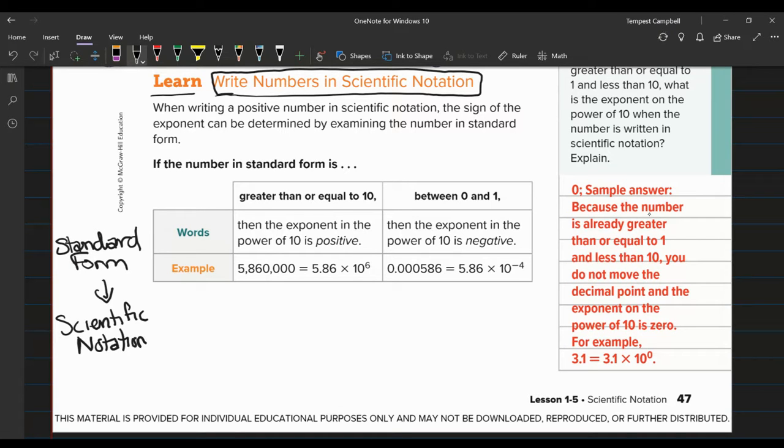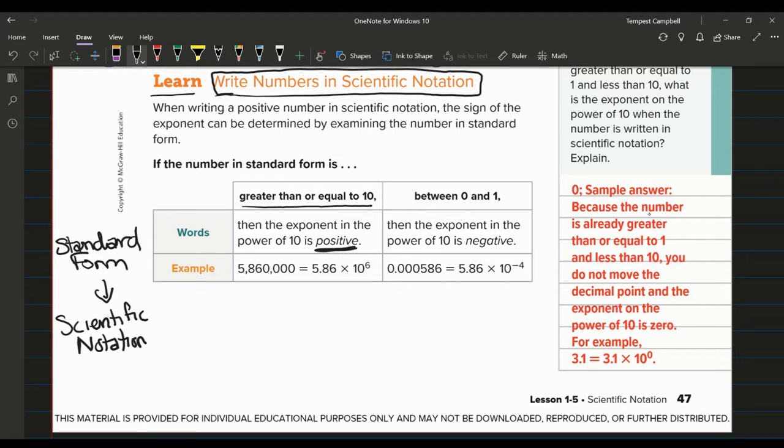Okay, when writing a positive number in scientific notation, the sign of the exponent can be determined by examining the number in standard form. So if the number is in standard form and is greater than or equal to 10, then the exponent in the power of 10 is positive.